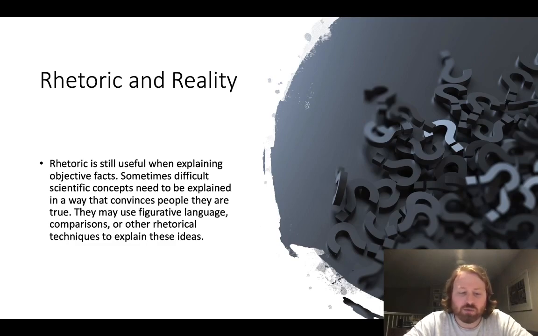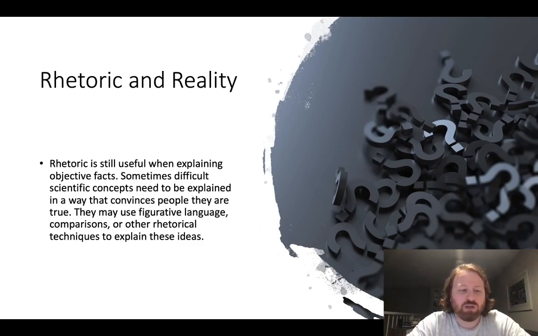A good example of this was something like the Big Bang. This is a scientific concept of the creation of the universe, and it's a difficult concept because obviously you need a lot of scientific knowledge to understand how it works precisely. But they make it easier to grasp by calling it a Big Bang, right? It was an explosion and everything kind of moved outward, right?